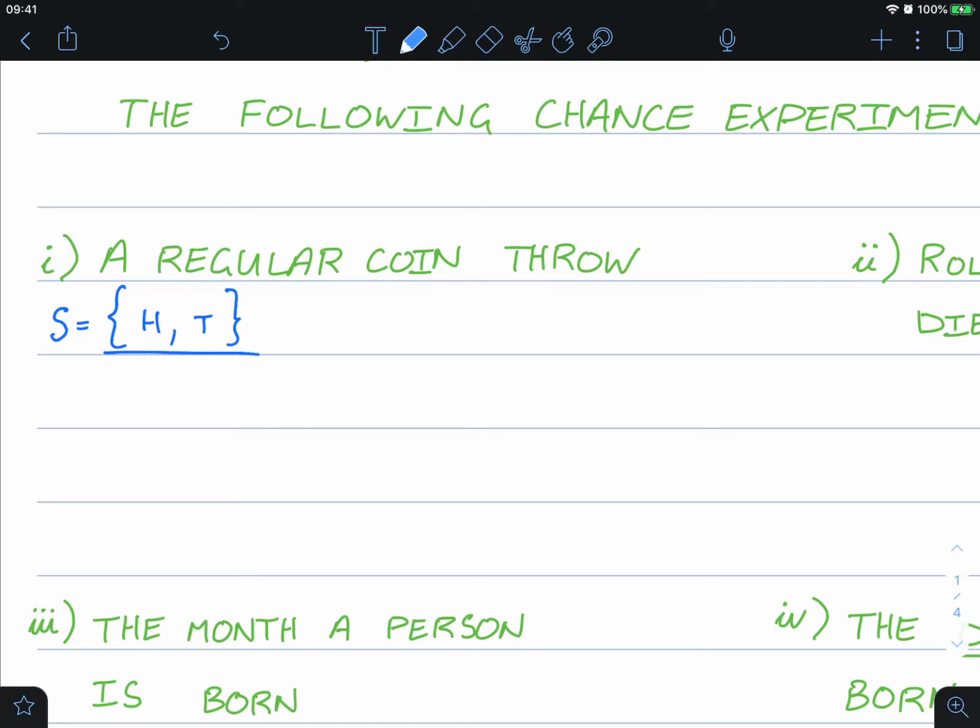And that there is our sample space. For the total outcomes, we write N(S), for number of S. All this means is how many things are inside the sample space. In this case, there's 1, 2. So the total outcomes for this is 2.